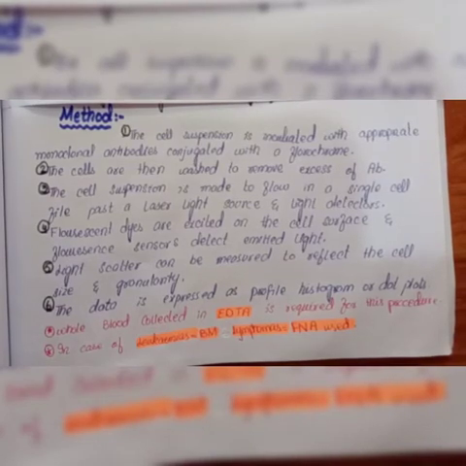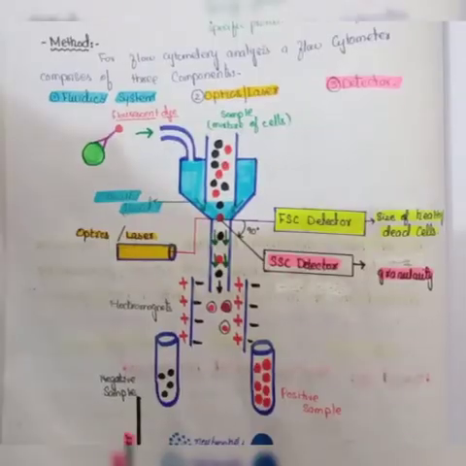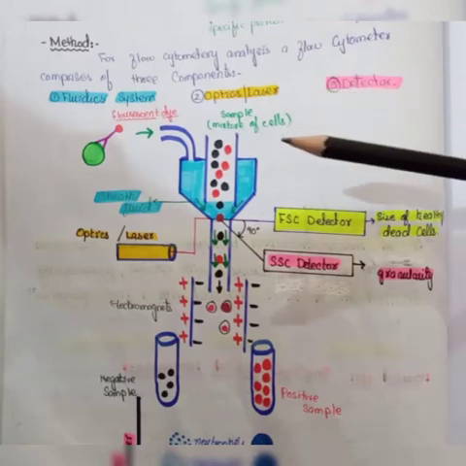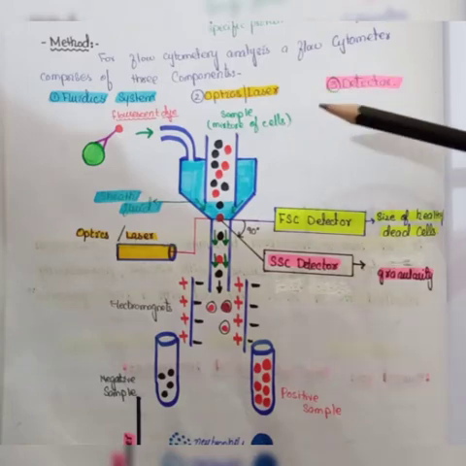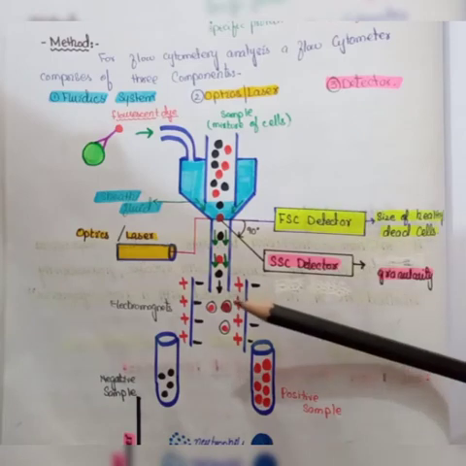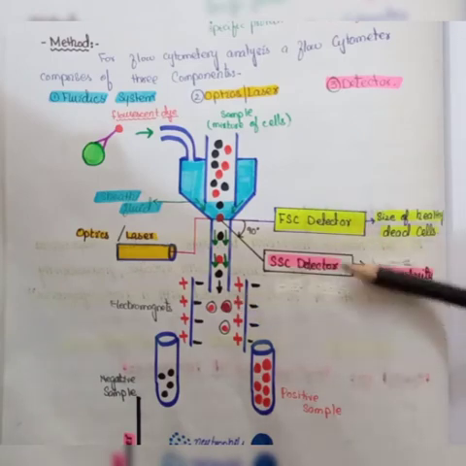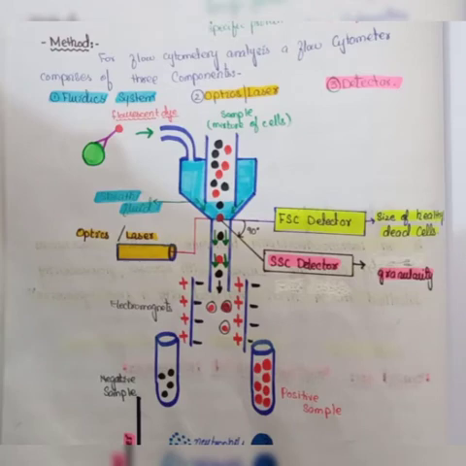Now we will understand with the help of a diagram. So here we have a diagram of a flow cytometer. For flow cytometry analysis, a flow cytometer comprises three systems. First, the fluidics system, shown in blue, optics or laser in yellow, and the detectors.